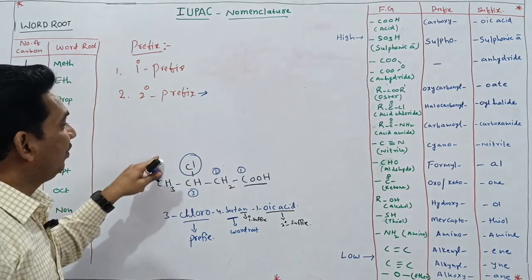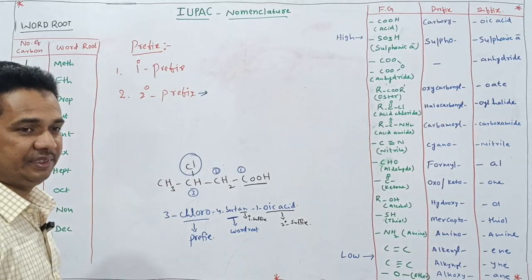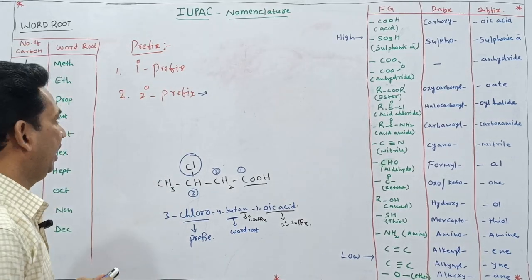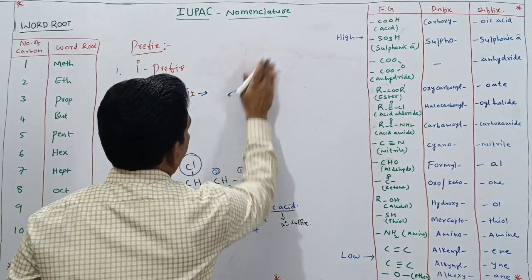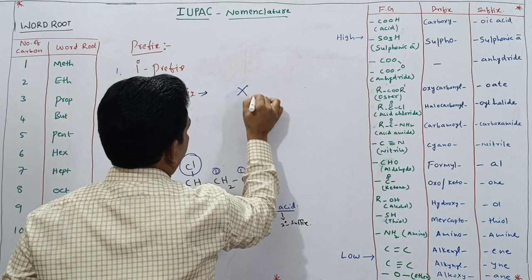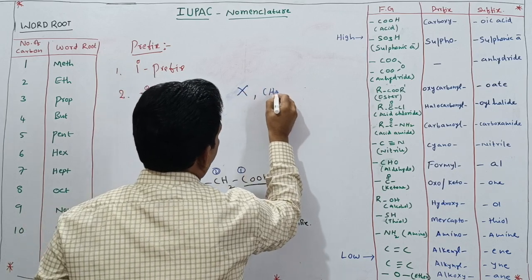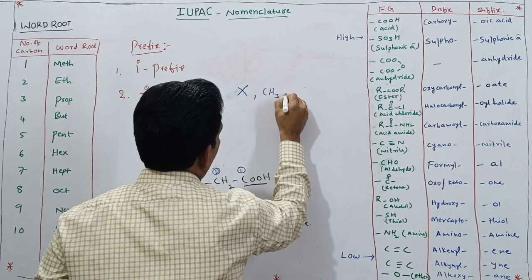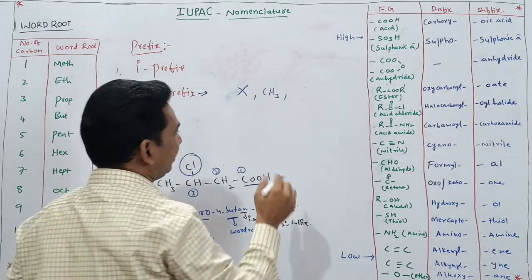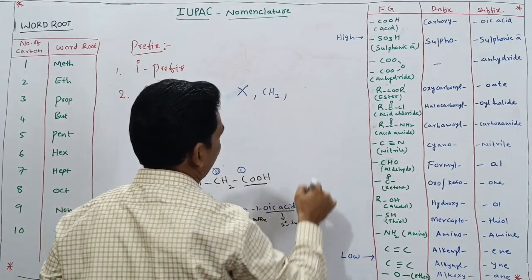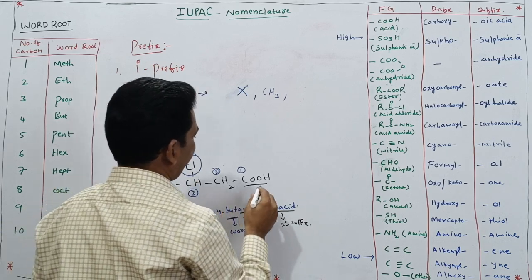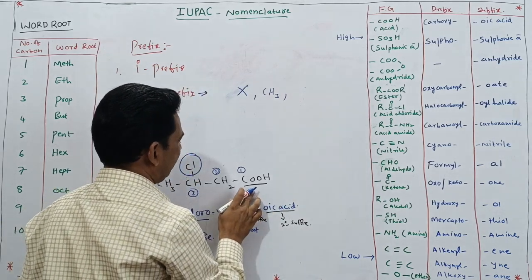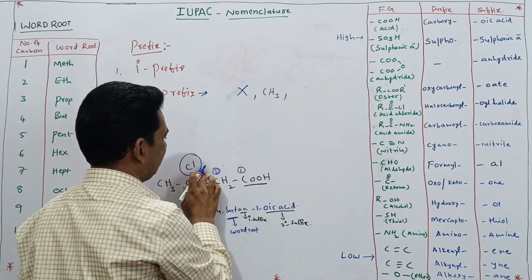That's why always the halogens, any halogen, as well as methyl or any alkyl group, as well as other functional groups. Other functional groups means, for example, here you can see the acid group is there and the halogen is also there.